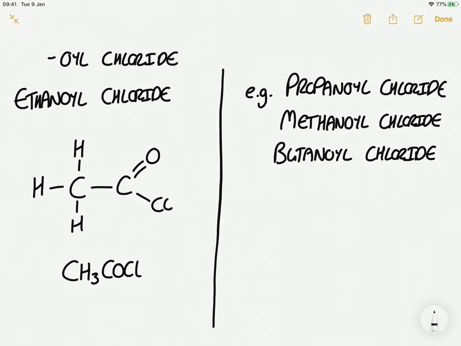In other words, there's not usually other stuff in the chain. This one has 2 carbons and no double bonds between the carbon atoms, so it's ethanoyl chloride. Its condensed structural formula would be CH3COCl. Your turn. Pause the video and try drawing the displayed formulae of the 3 acid chlorides that are named on the right.